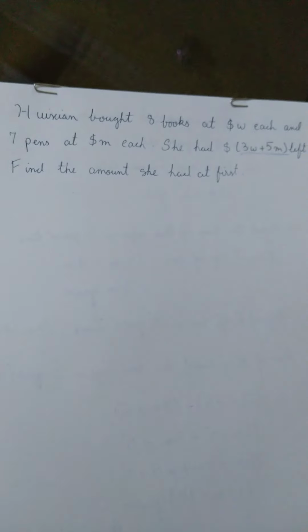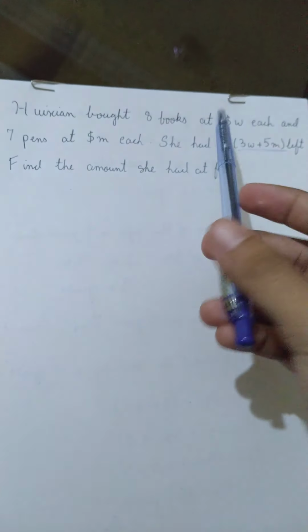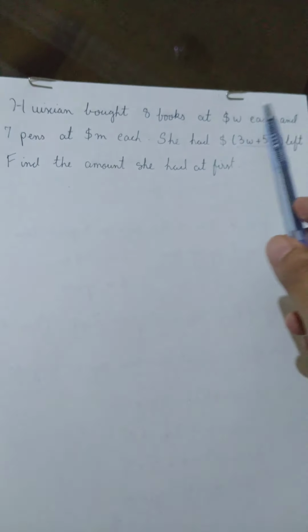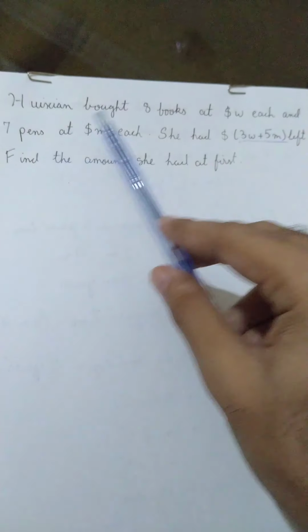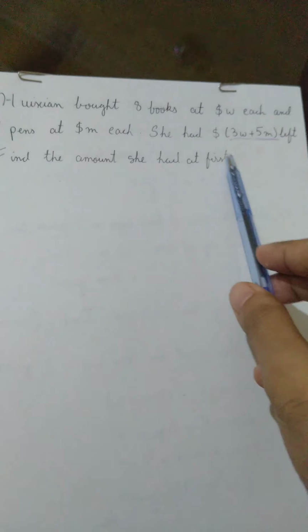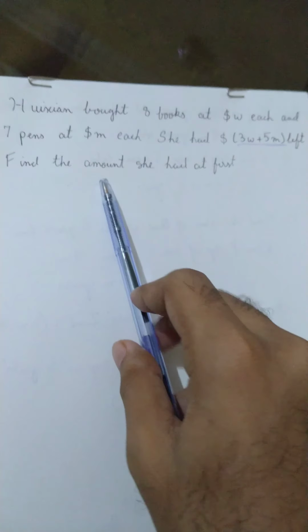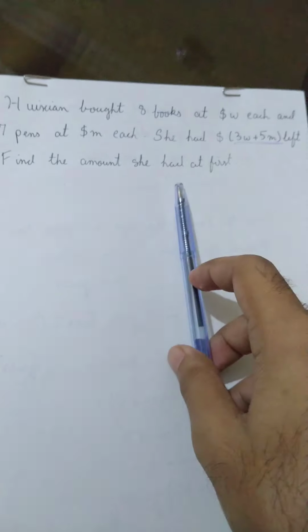I don't know if it's he or she, because the name is Huixian, so let's go with he. The amount of money he spent on books and pens, I will add to the amount which is left. They've written it here, it's a she.